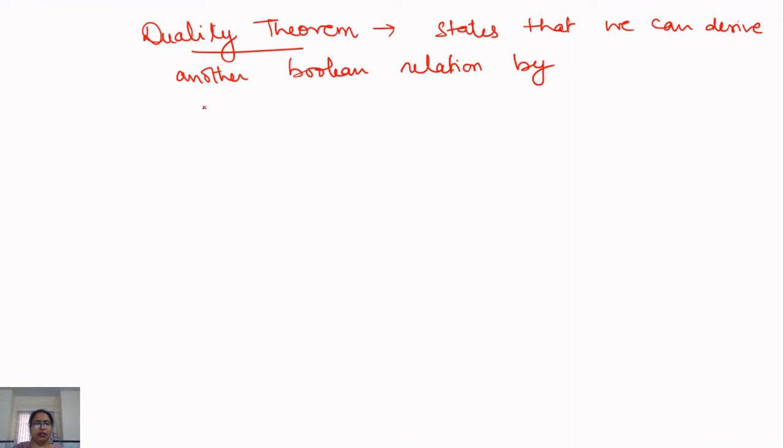How can we derive another Boolean relation?